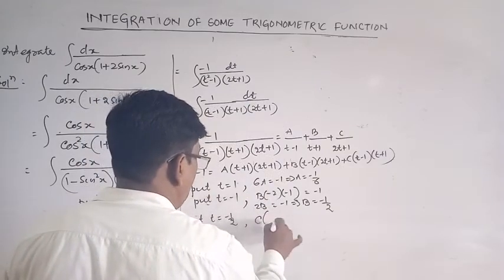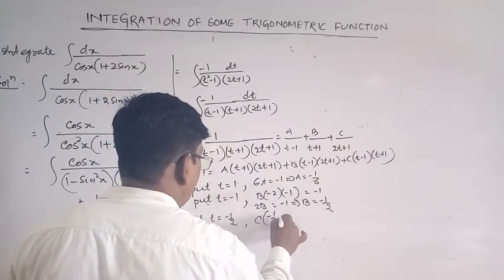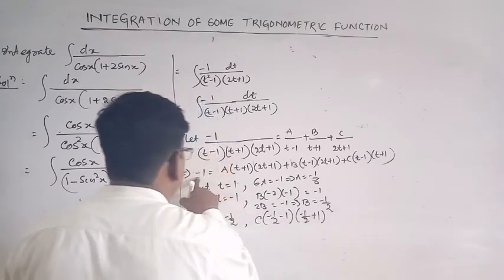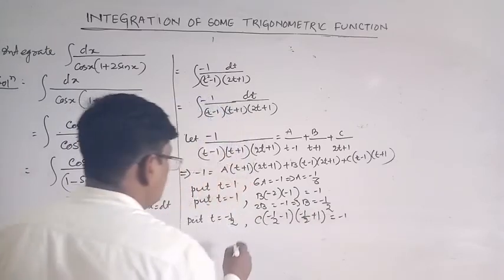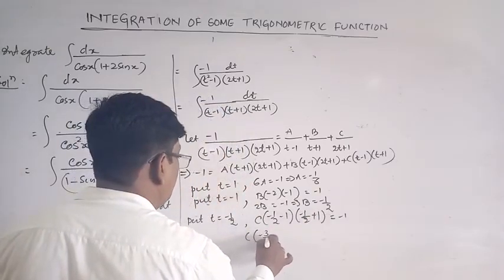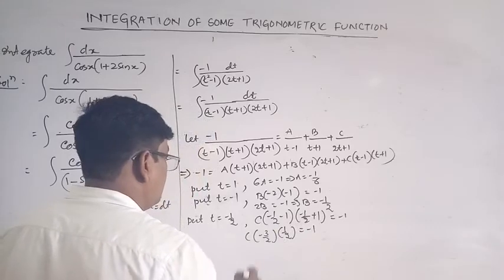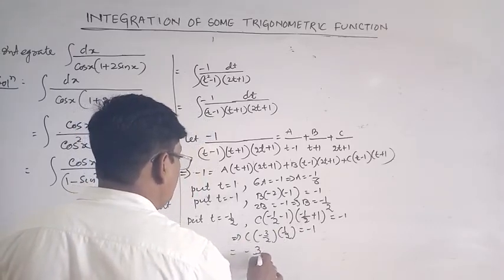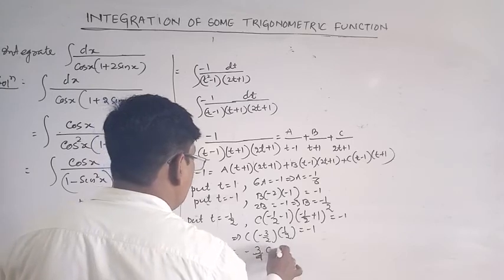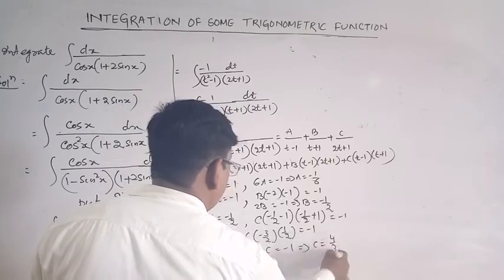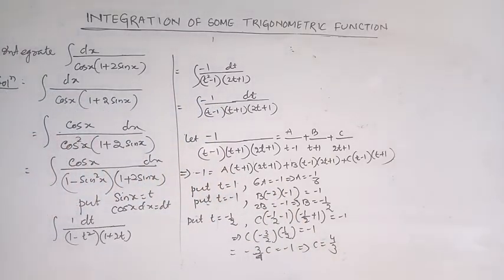So c, and this is minus 1 by 2 minus 1, which is minus 3 by 2, and this is minus 1 by 2 plus 1, which is 1 by 2. So minus 3 by 4 c is equal to minus 1. That implies c is equal to 4 by 3. So now the integration will be what?